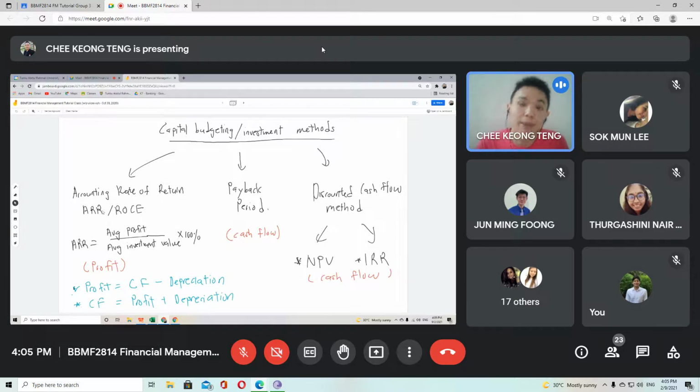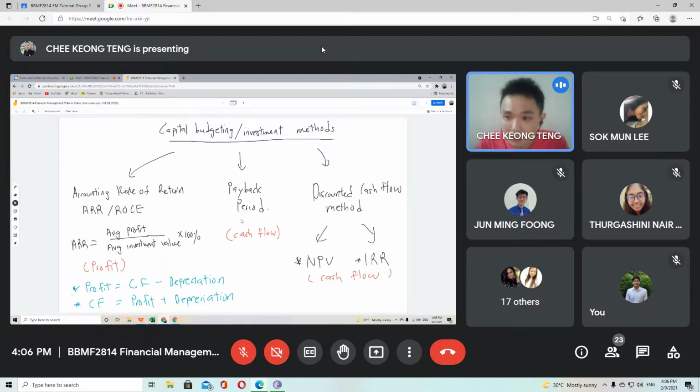If you remember what I said, the only difference is ARR is something like your GPA, while ROCE is the CGPA. So ARR is usually for only 1 project. If you combine all the ARR from all the projects of your company, it will become ROCE, return on your total capital employed. But they are the same.